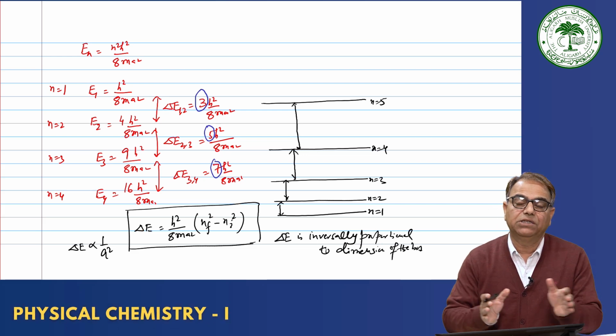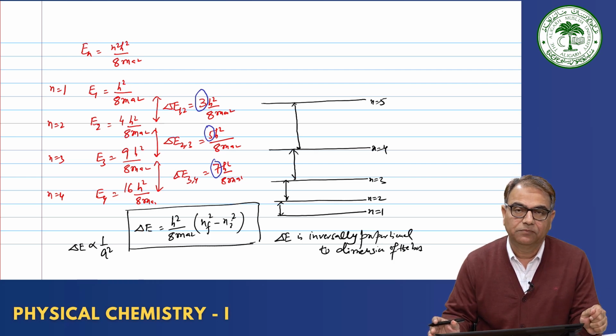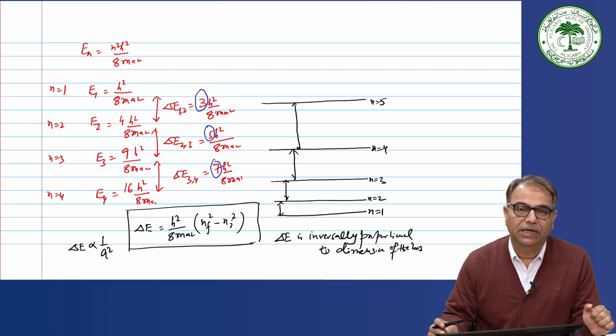What does it mean? It means if you increase the size of the box, the energy gap will be smaller. And for a very large box, the energy gap will be so small that the discrete energy levels will vanish, and you will have an energy band.